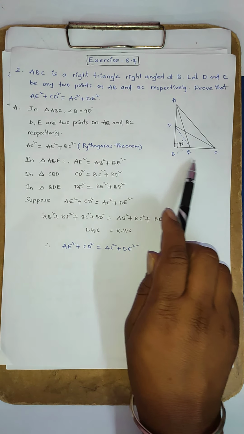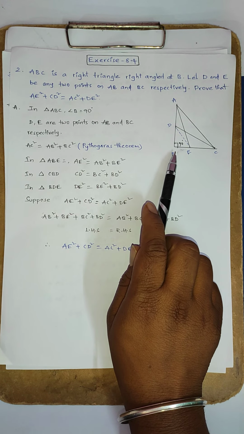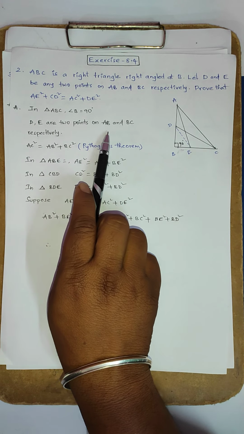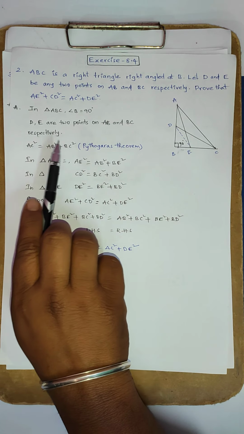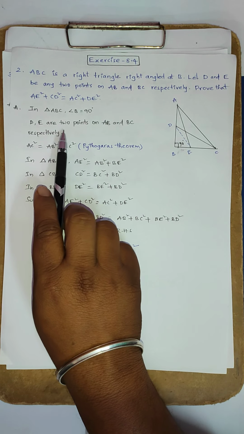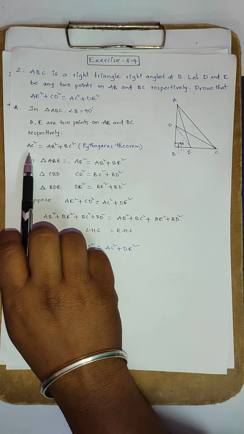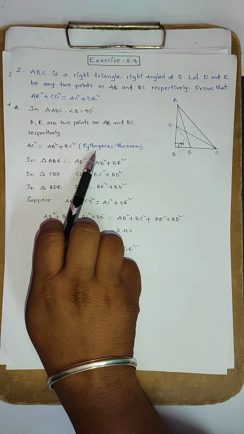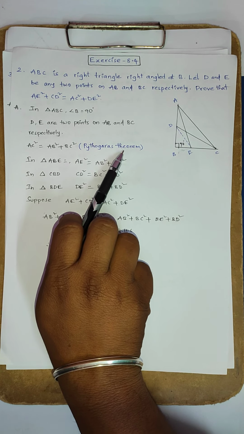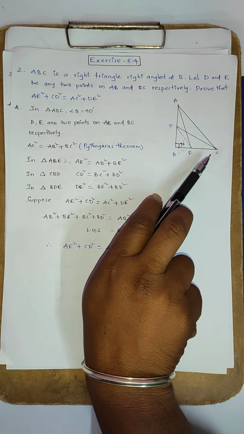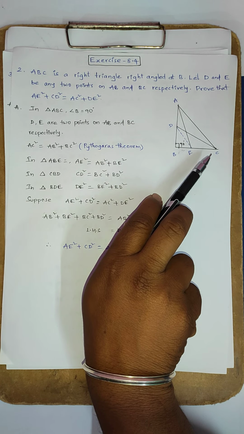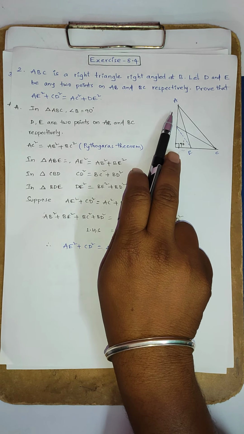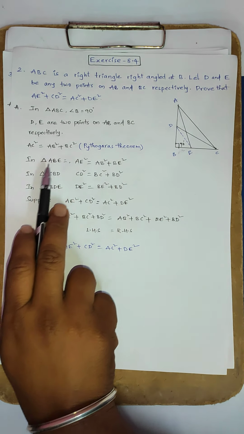In triangle ABC, angle B is 90 degrees. D and E are two points on AB and BC respectively. All this data is given in the problem. AC square is equal to AB square plus BC square, using the Pythagoras theorem: hypotenuse square is equal to the sum of the base square and the perpendicular square.